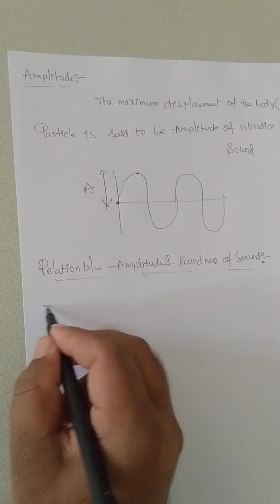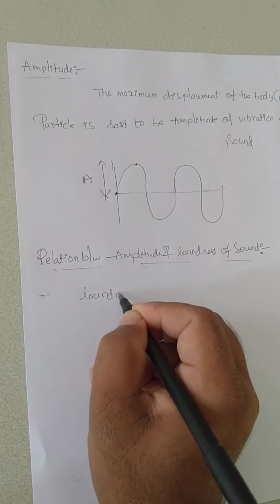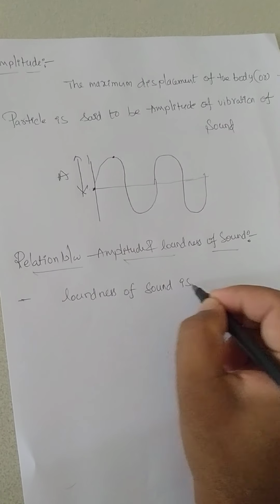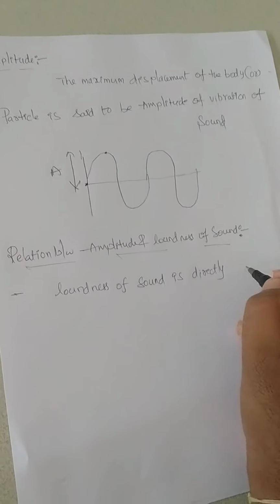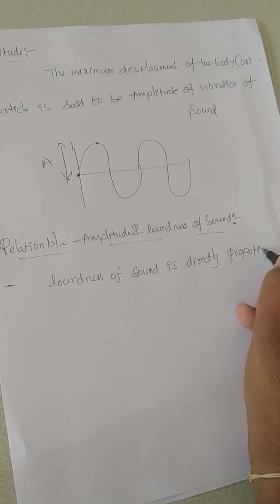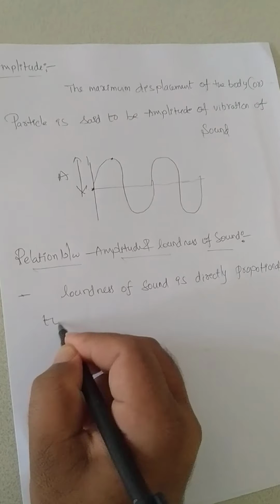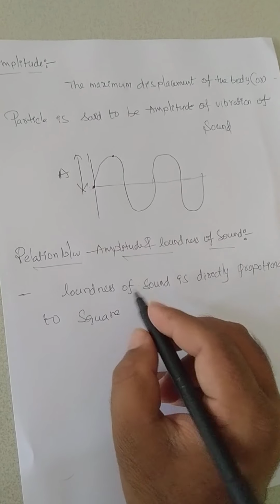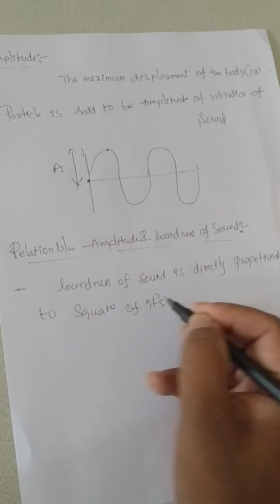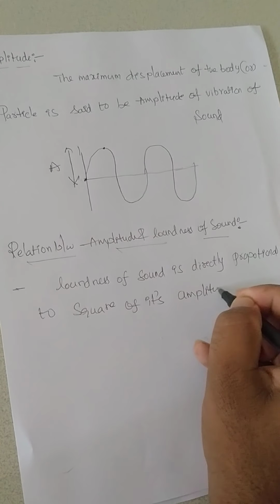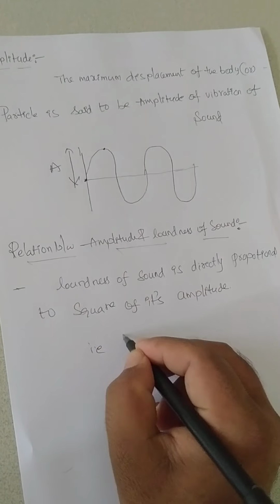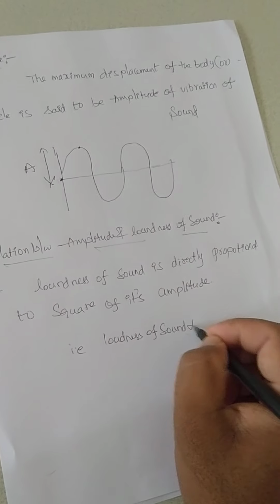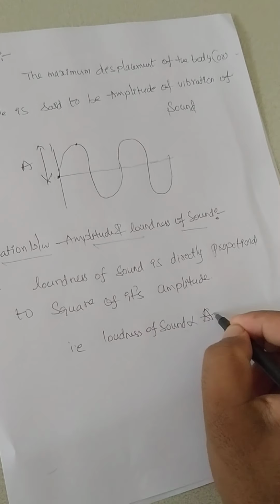So generally, loudness of sound is directly proportional to the square of its amplitude. It is nothing but that loudness of sound is directly proportional to amplitude square.